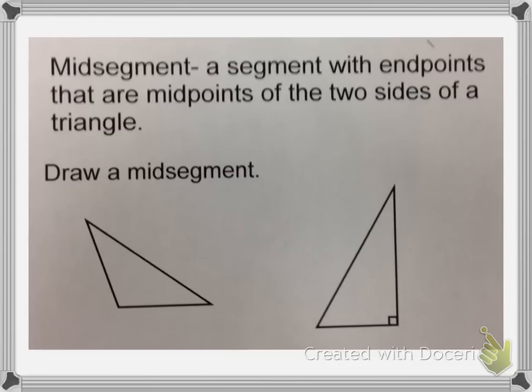All right, so here's our last one, a midsegment. A midsegment is a segment with endpoints that are midpoints of the two sides of the triangle. So basically it's going to end up being a line. So here's our base down here.